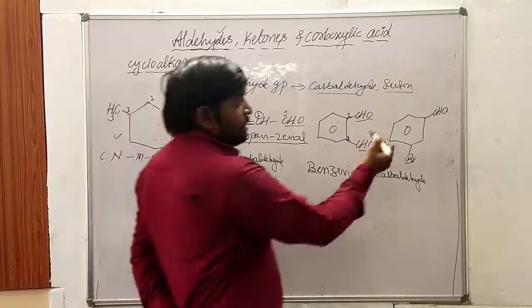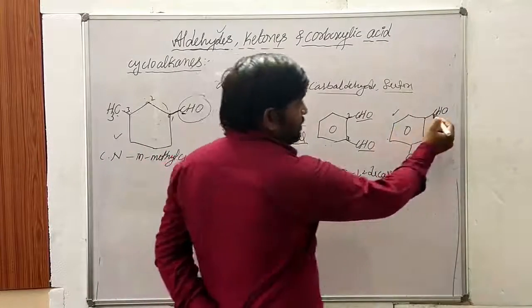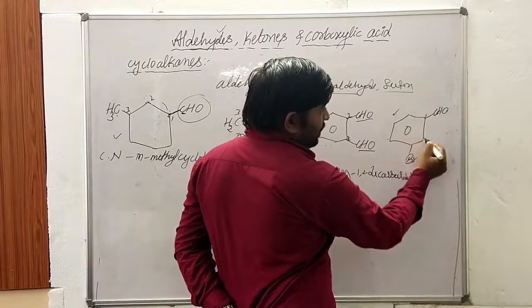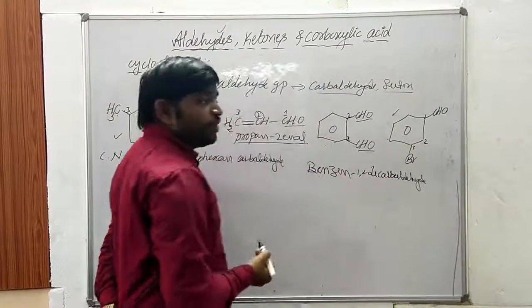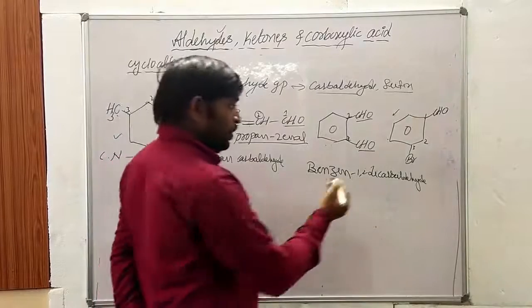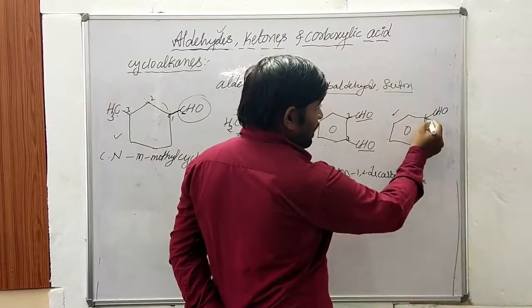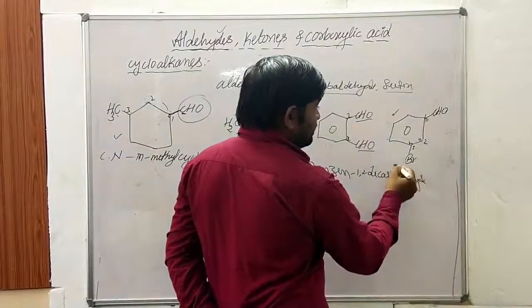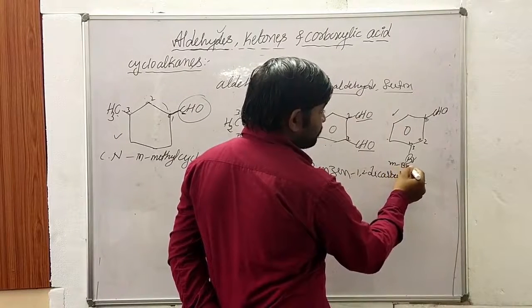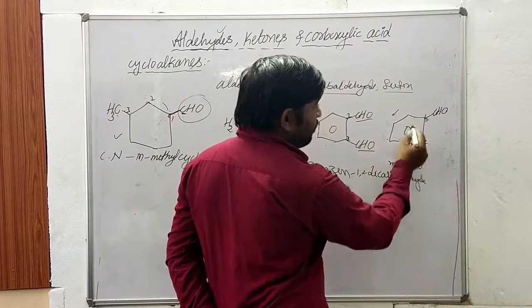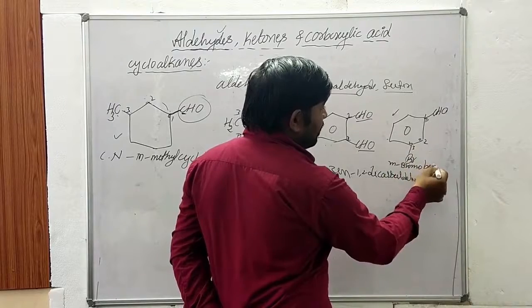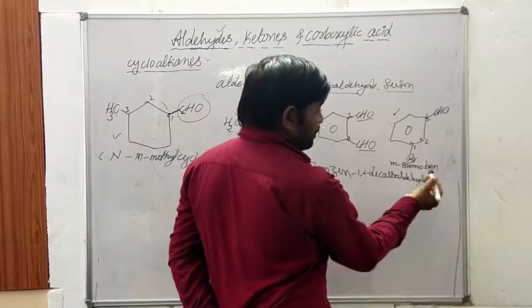Similarly, we may consider one more molecule. The carbonyl-carrying carbon atom is 1, this is 2, this is 3. So what is the common name and IUPAC name of this molecule? The common name is, this is para, this is ortho, this is meta. This is meta bromo benzaldehyde, or benzene carbaldehyde also we may pronounce.